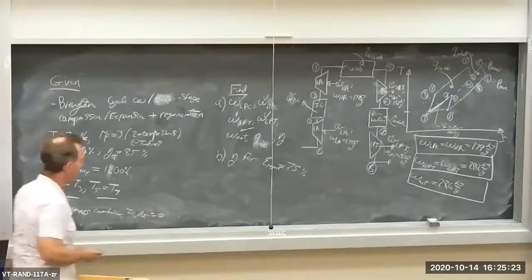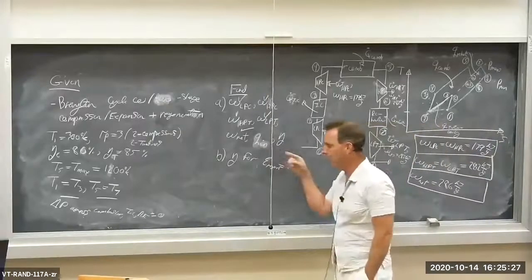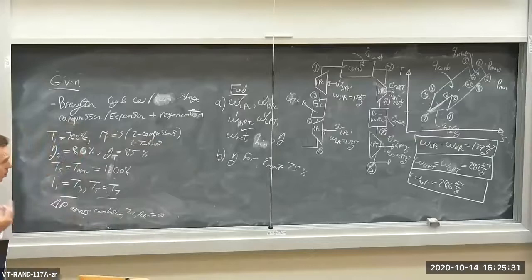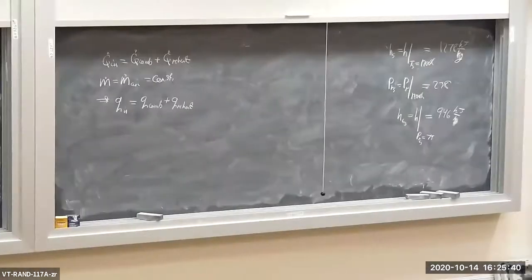Okay, so let's calculate the total heat addition per unit mass, Q in. Not Q dot, Q in for this Brayton cycle. And of course, after that, we can immediately calculate the efficiency because we know the net specific work. So what's Q in?